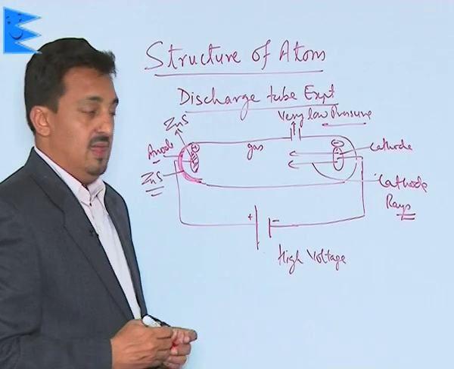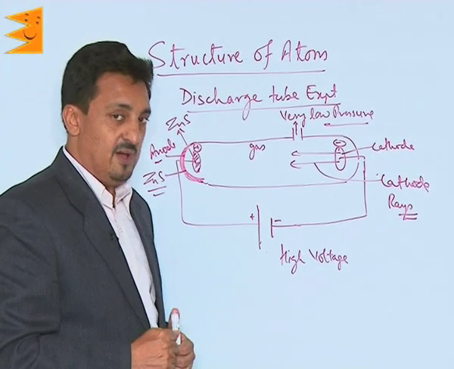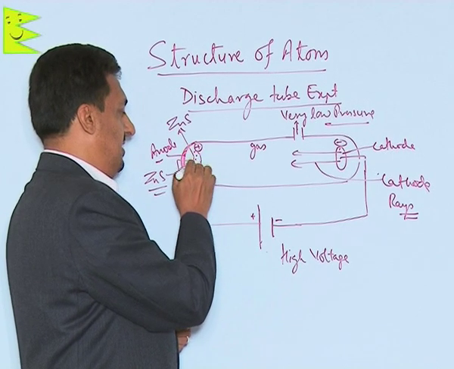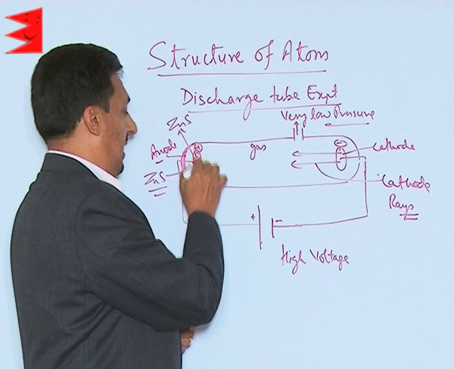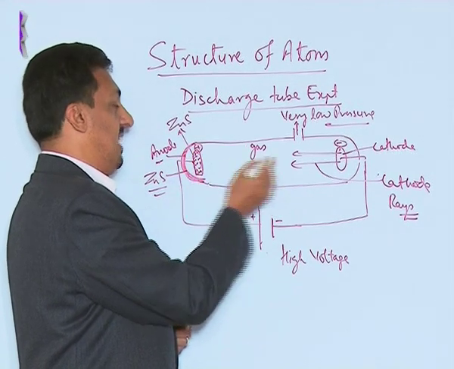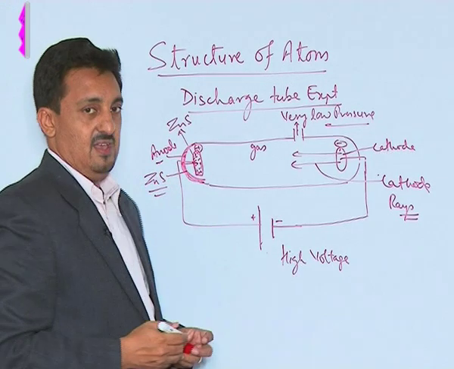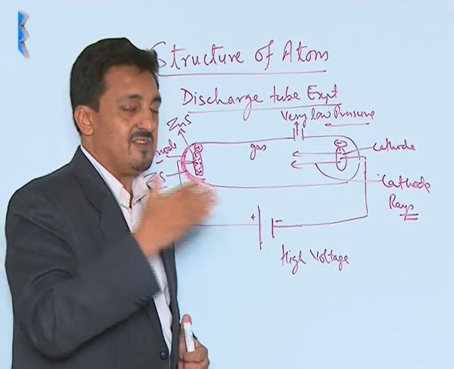Then, these rays are traveling in a straight line. This was confirmed when they used a perforated anode, which has small holes, and it was observed that these rays were able to pass through these holes and were striking the backside of this anode. It means they are always moving in a straight line.